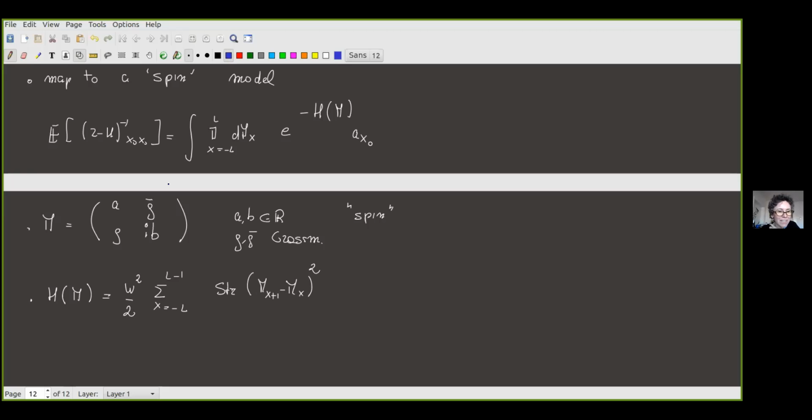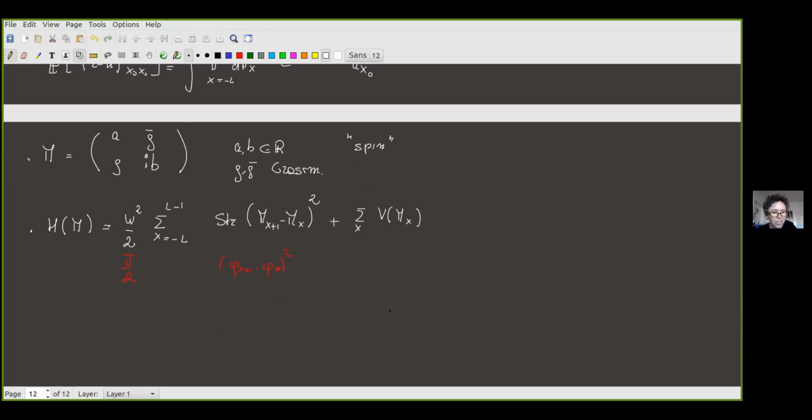So remember that in the initial problem, we had a J divided by 2, and here we had phi x plus 1 minus phi x squared. So this is more similar to the classical example. And now here we have a sum over x of D of M of x, where this potential D of M is defined the following way.